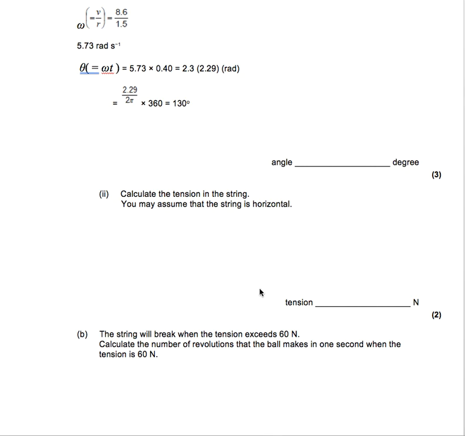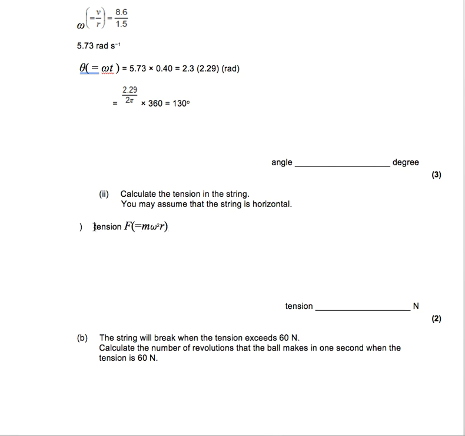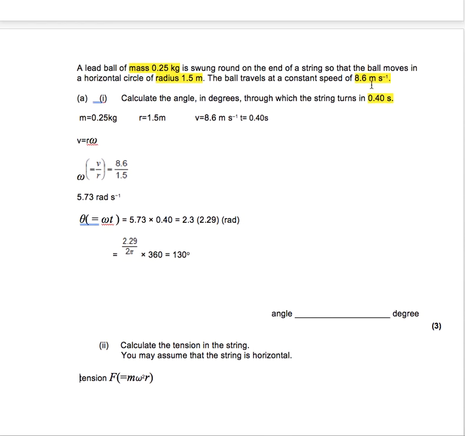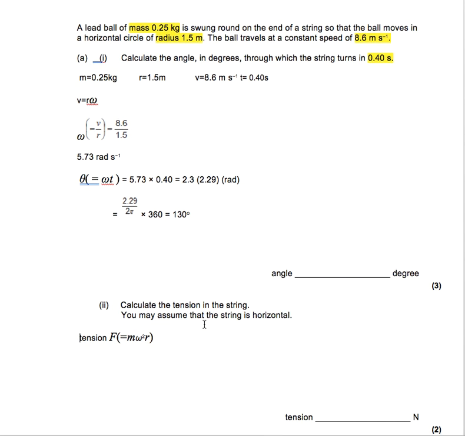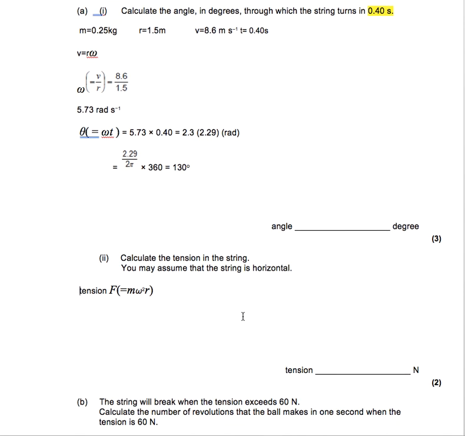So there's my first thought, that my tension will equal m r omega squared or m v squared over r. I might be tempted, given that I know v, to use v as well, but I've worked out omega and I'm happy with that. So m v squared over r, or m r omega squared, as you choose.